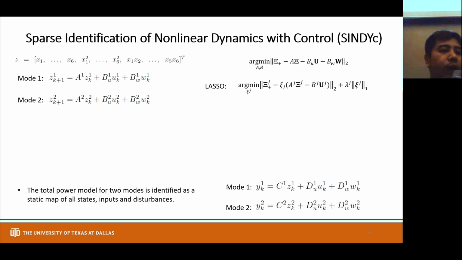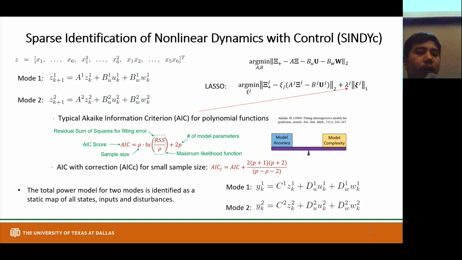And to identify the coefficients, we use the sparse identification of nonlinear dynamics with control method, which uses the lasso algorithm to identify the coefficients. With the help of lasso, we can set the coefficients of unimportant kernel functions to 0.